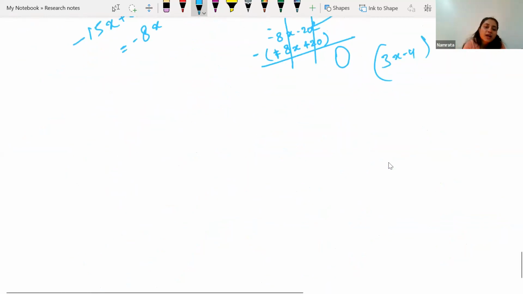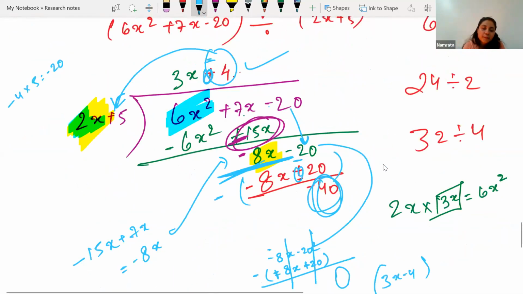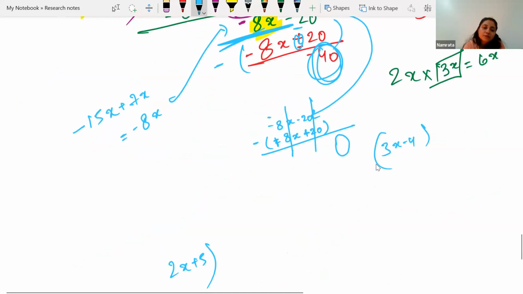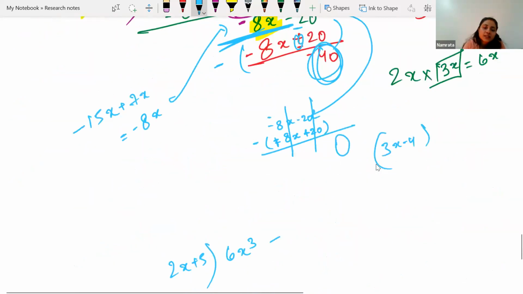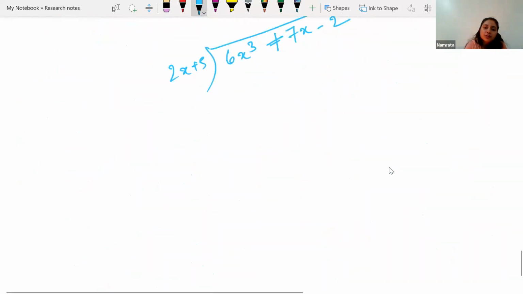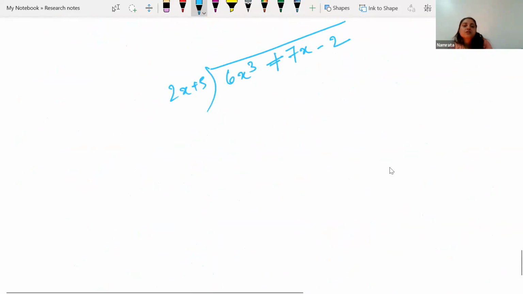That is, suppose you are having 2x plus 5 and you have to do the division of 6x cube plus 7x minus 2. Okay, if you have to do this type of division, forget about the previous part. You must be thinking it's exactly like the previous one, but no, it's not. Here I have changed the power of x.